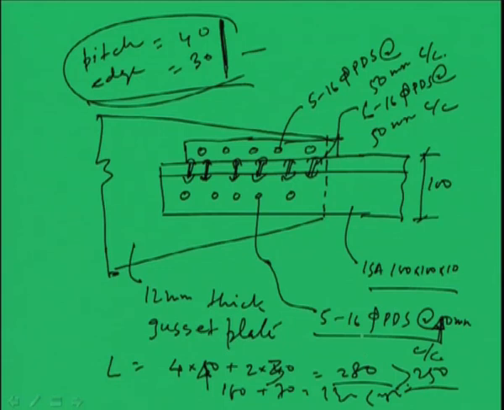Otherwise, if we want to provide the pitch say 50 and edge say 40, then again we have to redesign it, means we have to go for another sort of rivet, so that the number of rivets becomes less, so that we can place them properly, right. So, in this way we can design the lug angle. What I told in the beginning of the design of lug angle is that lug angle is necessary when the length of gusset plate is restricted.